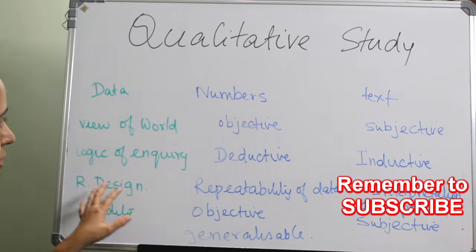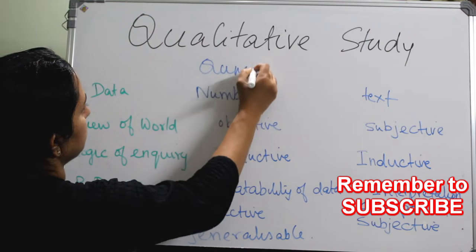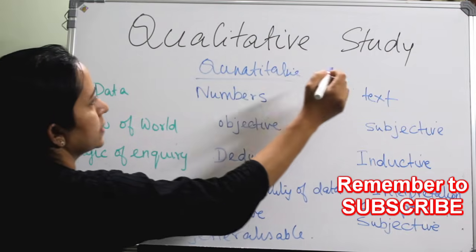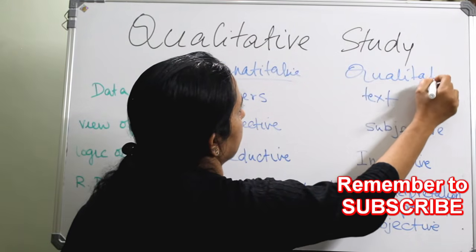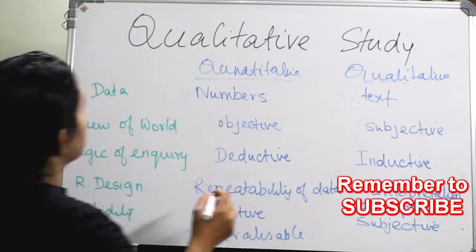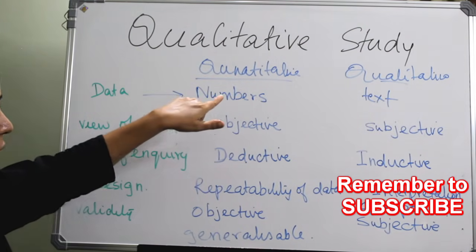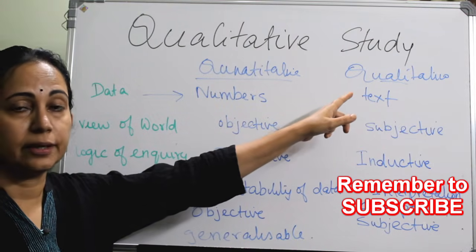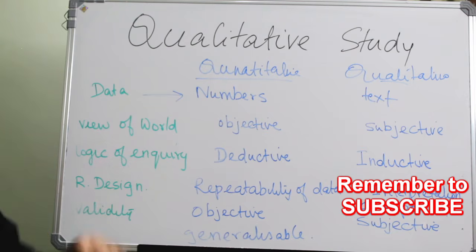And these are the differences between a quantitative study and a qualitative study. This is quantitative, and this is qualitative. In data, we get numbers in the case of quantitative, but in qualitative it is text. As I already told, by using the different data collection methods, we get data as text.